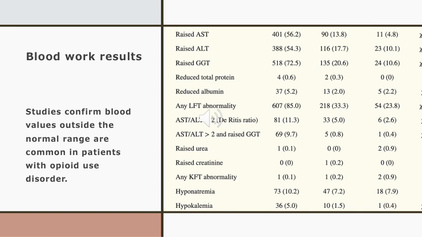Like this part of a study shows a raised AST and ALT in most patients. It shows reduced albumin. It shows raised urea. No indication of raised creatinine. Hyponatremia is indicated in hypokalemia as well.